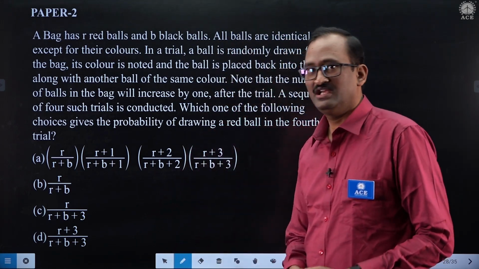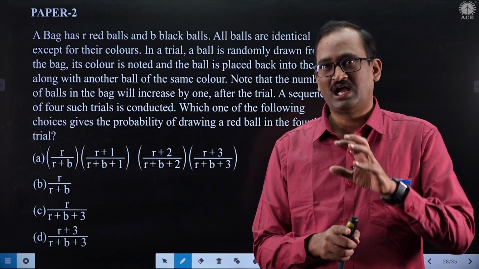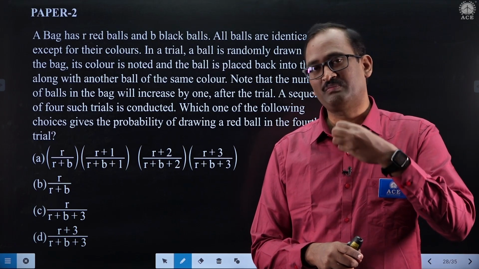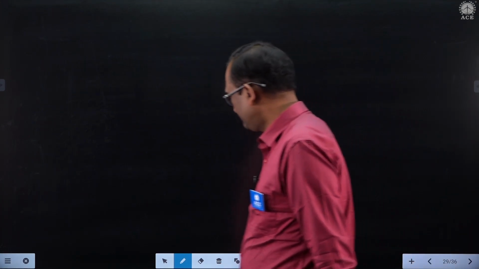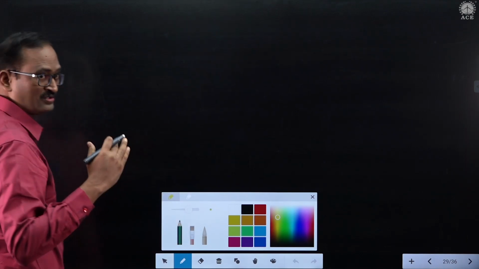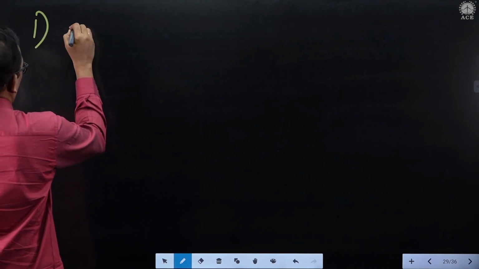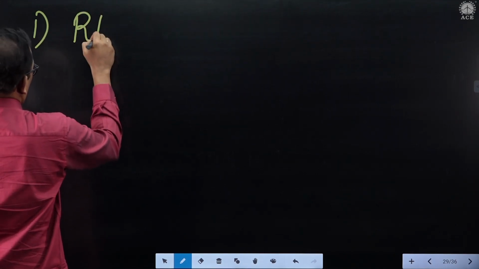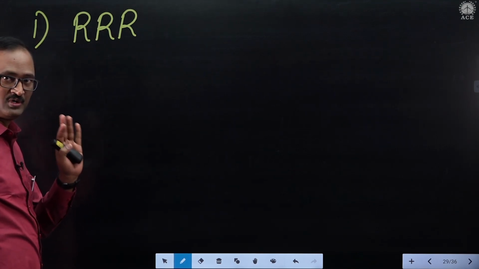Anyhow, let us see. Remember, the fourth draw must be a red ball and the first 3 draws can be any ball. So we come across these cases. Case 1: I want to assume the first 3 balls are red balls.